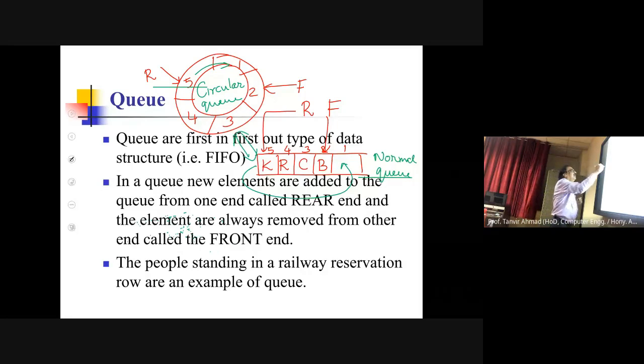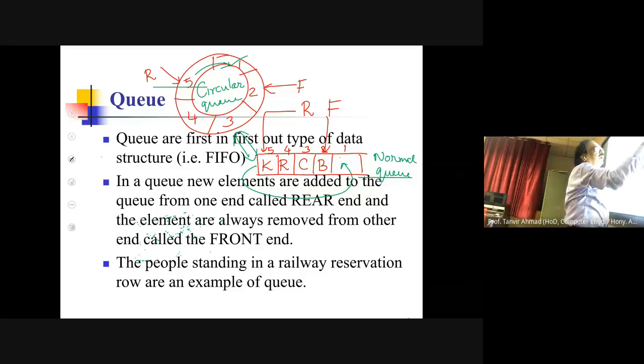Similarly, if I delete an element over here, let's take an example. If I delete an element from F, I can very well put a new element at that position. Now, if all the elements are full, let's take an example.